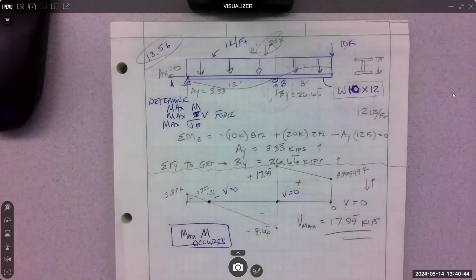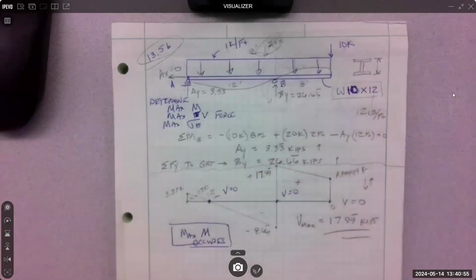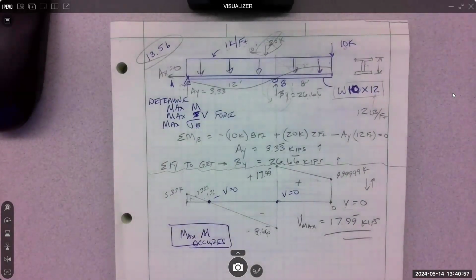It could be 2 kips between A and B and then 12 out there, and it could still have some bottom deflection. It matters, this distance matters. And again, the elastic curve is essentially a guess at where the concavity is.